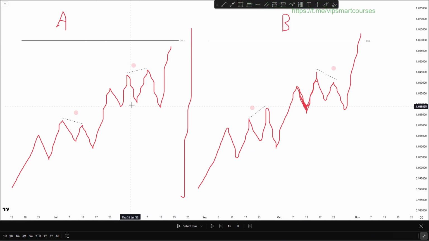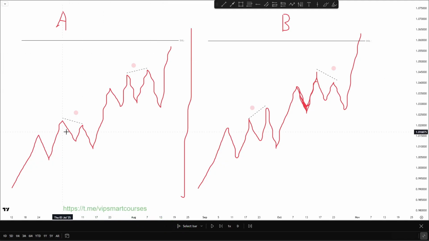Now right here you can see that we have these two SMT divergences between these two correlating assets. Even though we have this SMT divergence where asset A failed to take out this high, whereas asset B took out the high, this wouldn't have been a high probability SMT divergence or a correct SMT divergence because it's not aligned with the higher time frame directional bias.